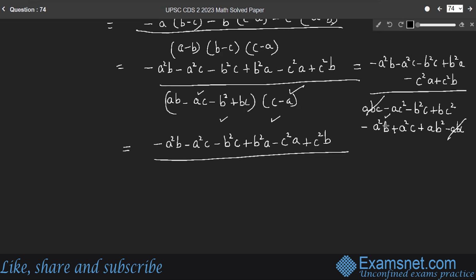Yes, with negative sign, we'll write as it is: minus a square b. Minus a square c: yes, we have it with positive sign, a square c, minus of minus, which is true.